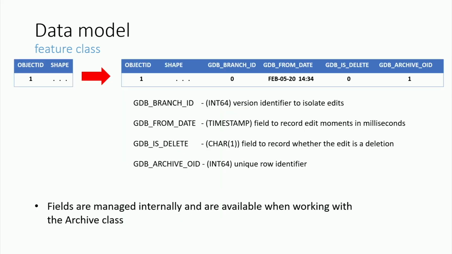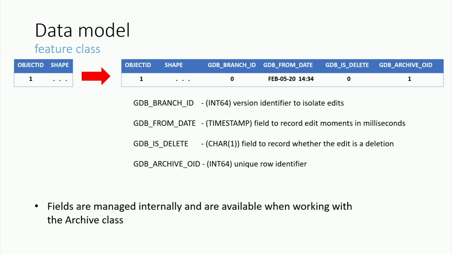Now, let's go through a little example. Let's say we had a feature class represented on the left. It's a pretty simple feature class in the northwest corner. Single feature, one object ID, and it does have geometry, but it has no attributes. When you branch enable it, we're going to be adding some additional columns onto that feature class that we manage.